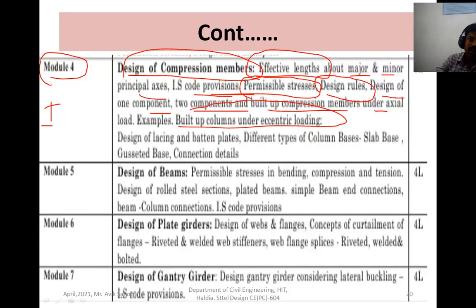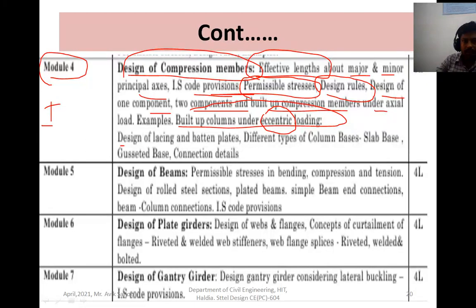Eccentric means moment connection, meaning the load is applied far from the CG. That is why the moment is generated, and due to the moment you have to design the column.